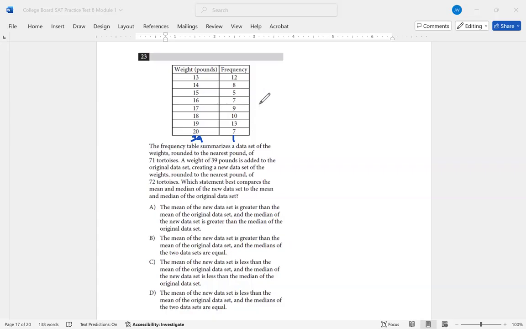You can calculate where the median is, but moving one unit, unless it's on the very edge, is not going to change the median. So the median is going to stay the same while the average, or mean, is going to increase.